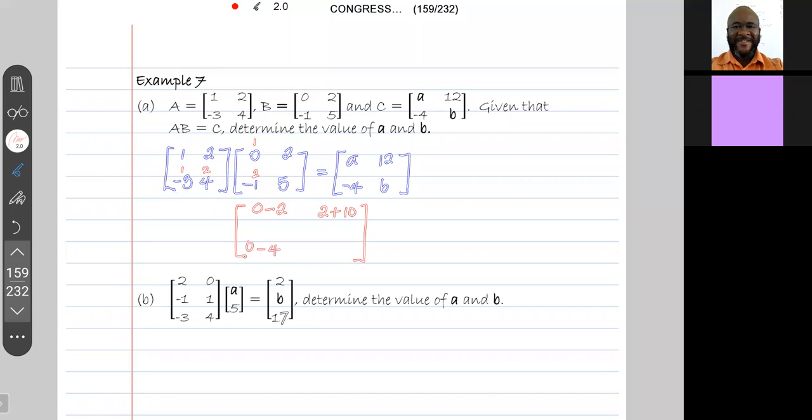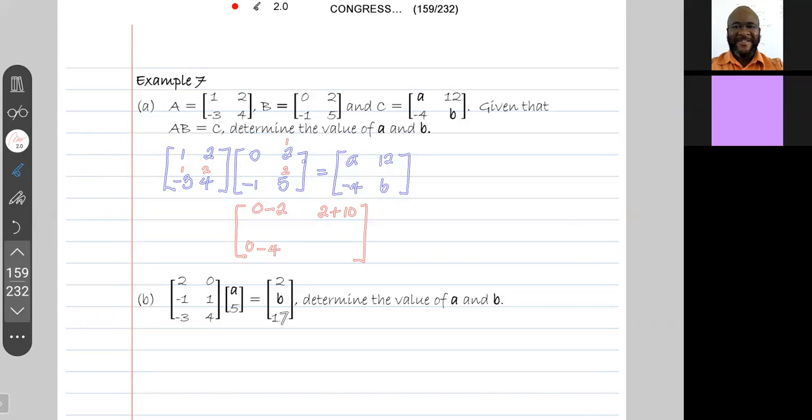Now the same bottom row, but this time multiplied by the right column. First element in the row by the first element in the column, and the second element in the row by the second element in the column.